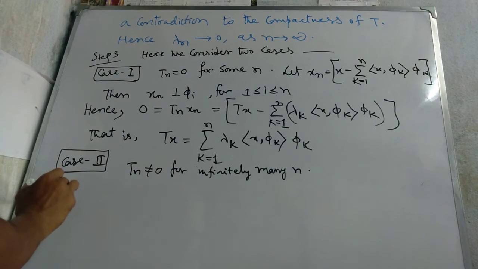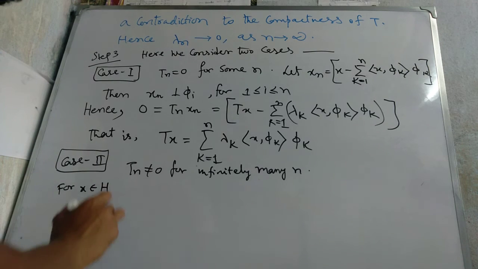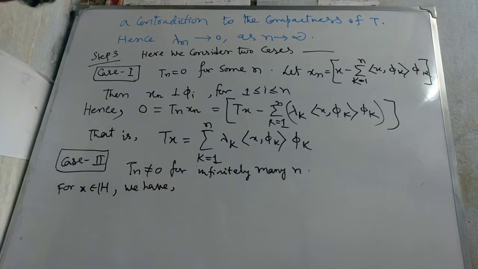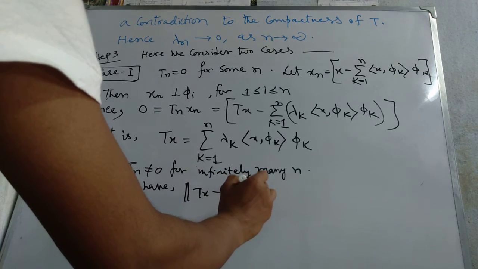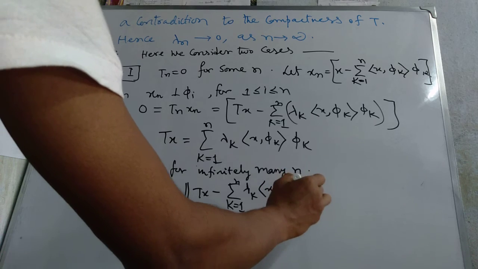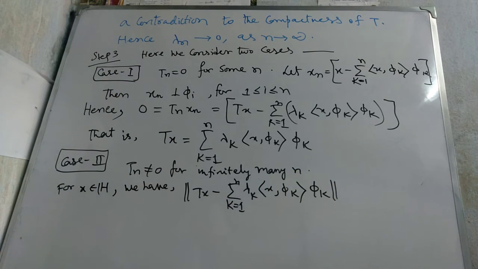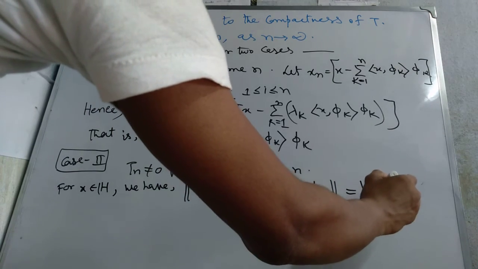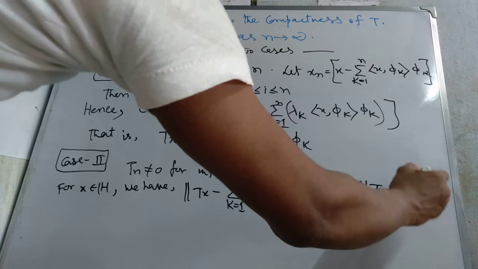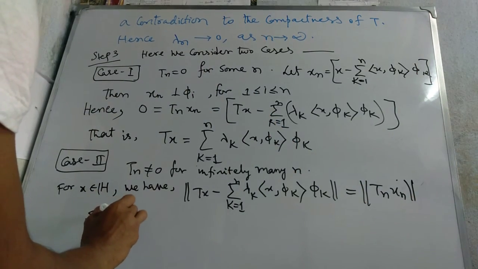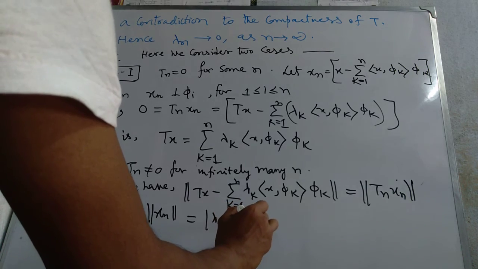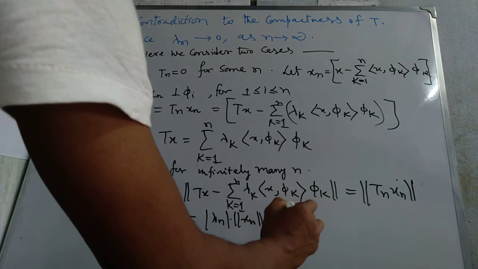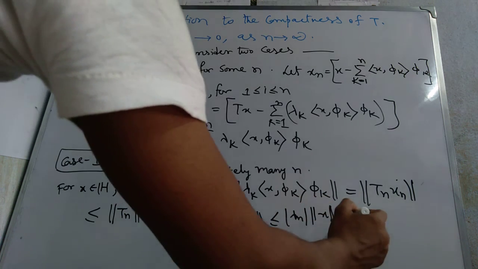Then for x belonging to H, we have the norm of Tx minus the sum over k equal to 1 to n of lambda k inner product of x with phi k times phi k, which equals the norm of Tn xn, less than or equal to norm of Tn times norm of xn, equal to lambda n times norm of xn, less than or equal to norm of lambda n times norm of x.